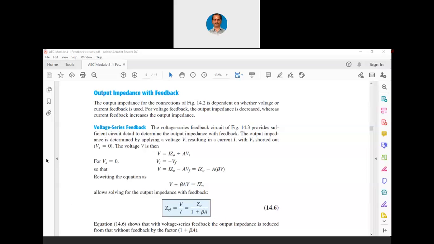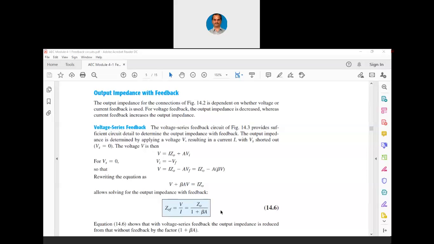For an amplifier, we are going to use the term 1 plus beta into A. We keep telling it as 1 plus A beta for our ease of pronunciation, or it is also easy that we visualize A first, then beta next. A is the amplifier gain, beta is the feedback factor here. Please remember, this beta is not that beta which we have been discussing earlier in the previous modules.